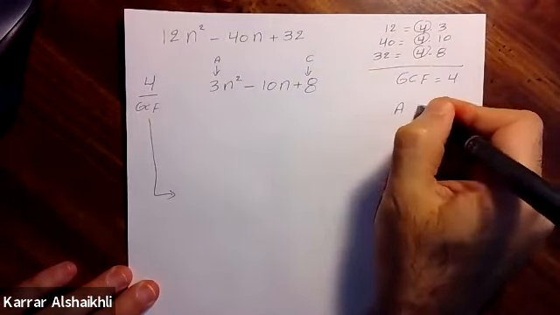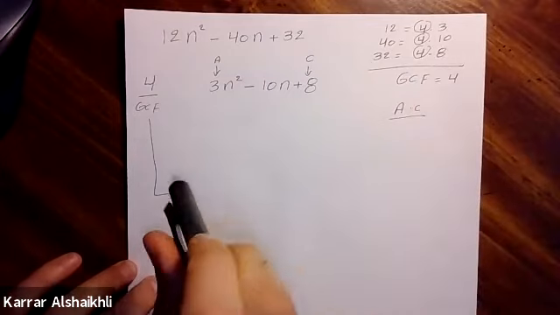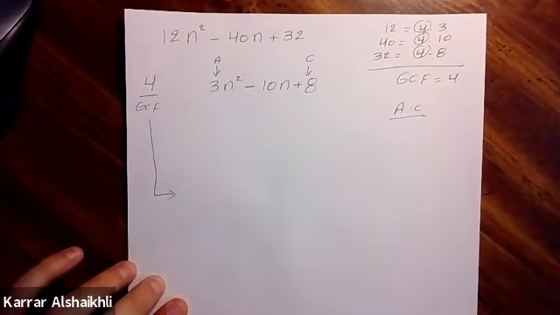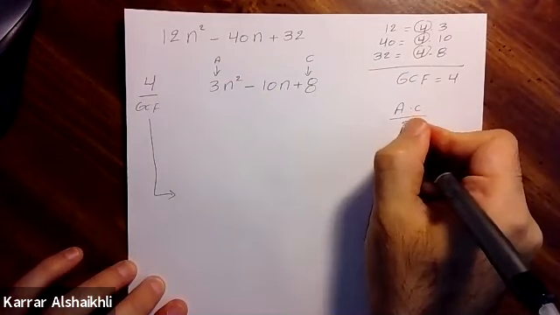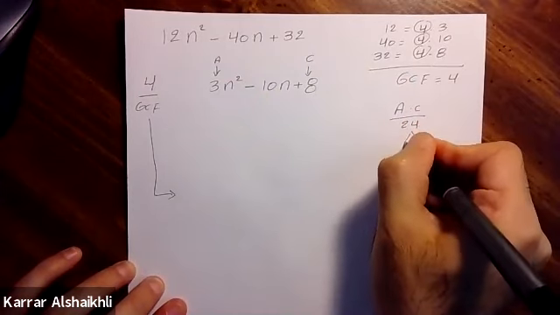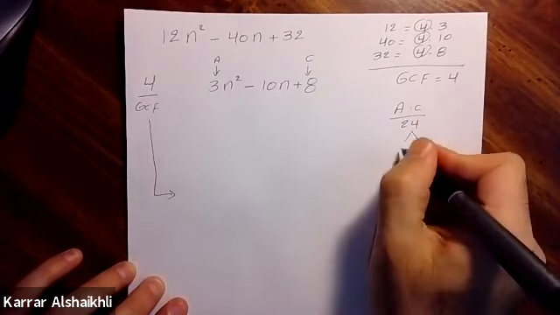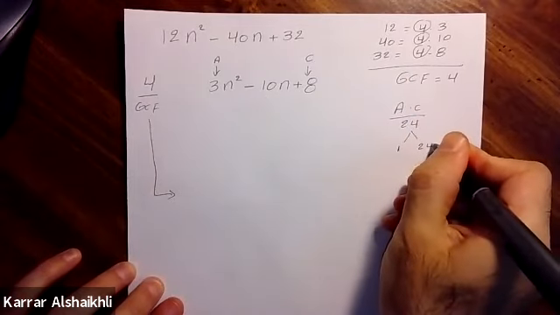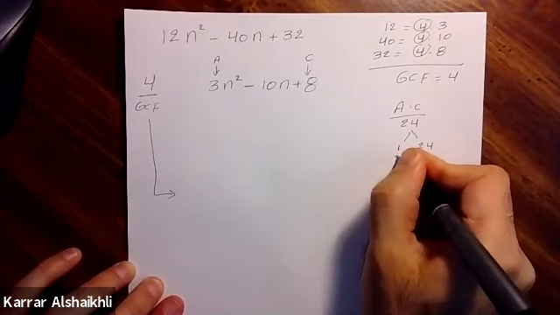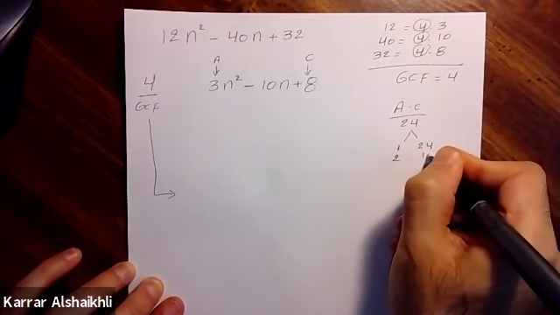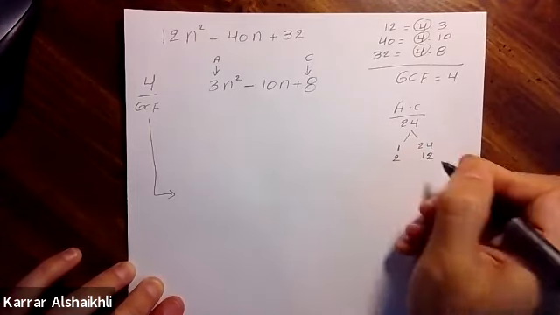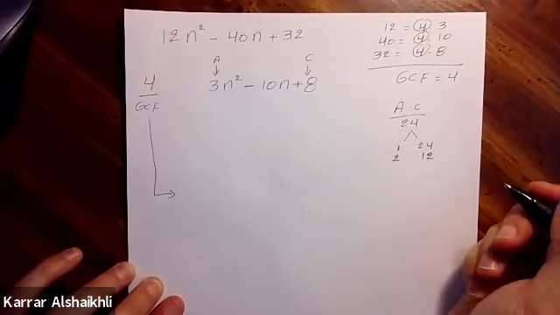Now, here is the AC. 3 times 8 is going to be 24. We're going to factor the 24 into two numbers to get 10. 1 and 24, 2 and 12, it's going to be 24.